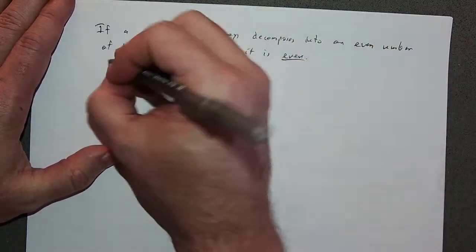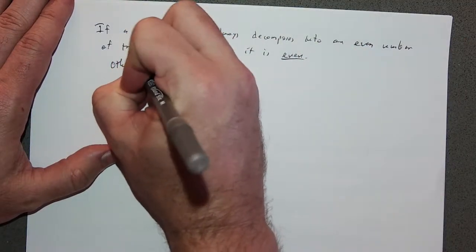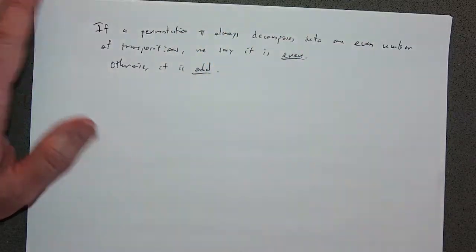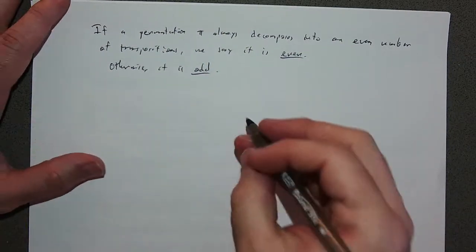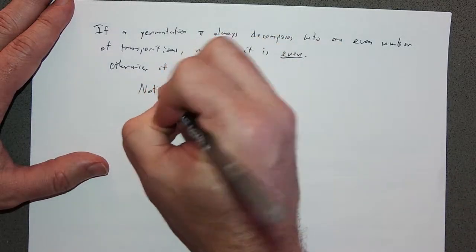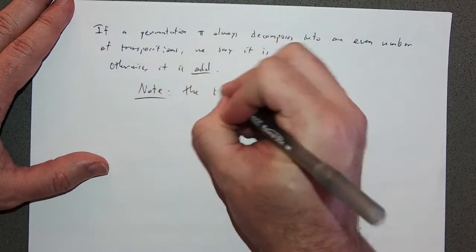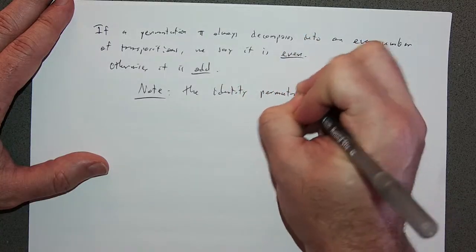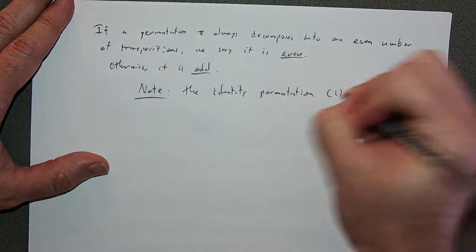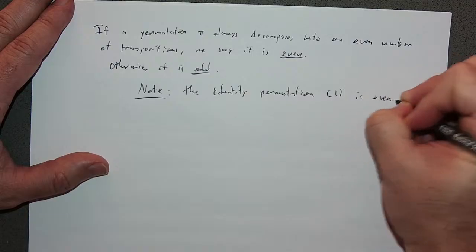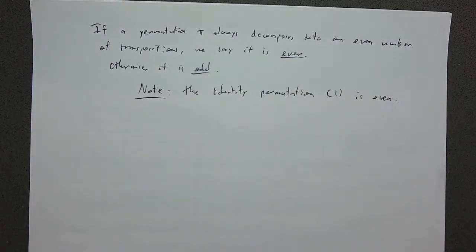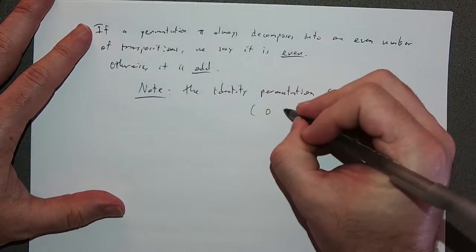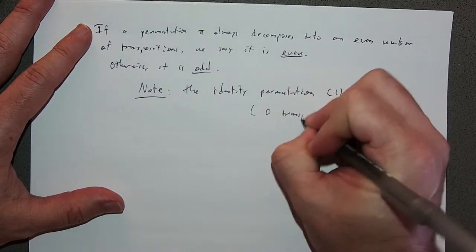Otherwise, it is odd. Okay, notice the identity permutation is even. Why? It can be represented as a product of zero transpositions.